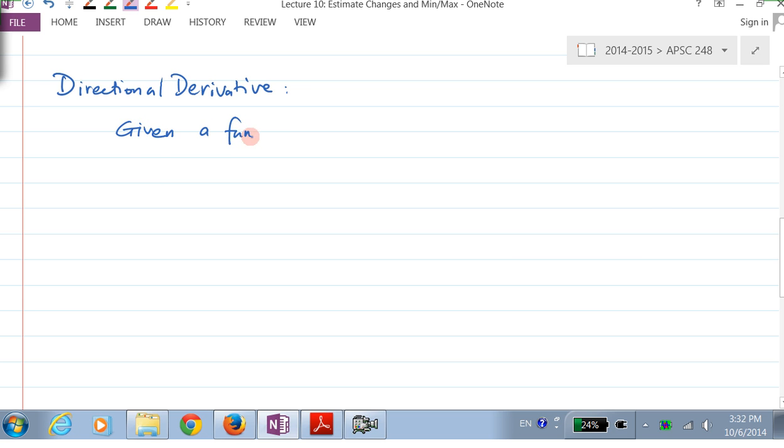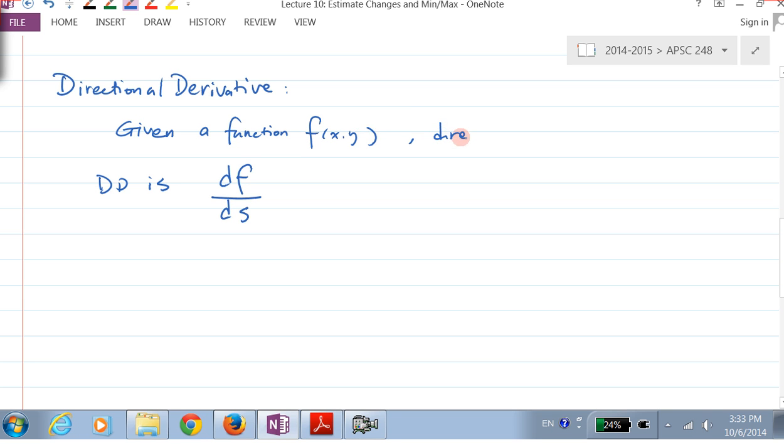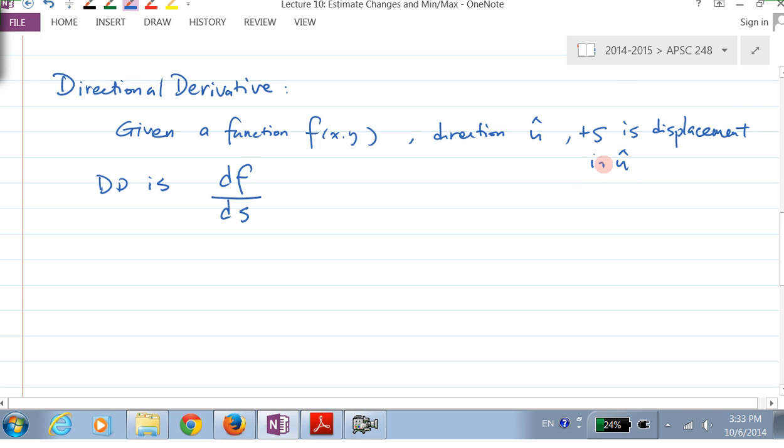Given a function f, you can use a function of two variables or three, but it doesn't matter. Then the directional derivative, the dd, is df over ds, a function of a direction u hat, and s, a positive displacement in the u hat direction.